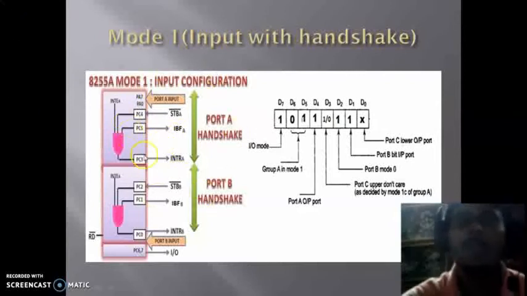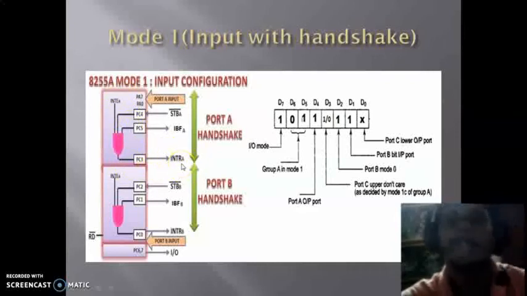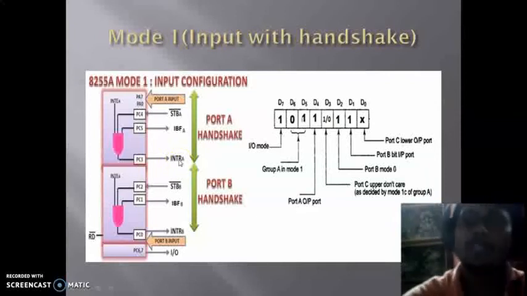After these operations, these 3 bits will be active, and at that time INTR A is generated and sent to the 8085 microprocessor, interrupting it, and the data received from port A is sent to the microprocessor after the successful interrupt occurs.